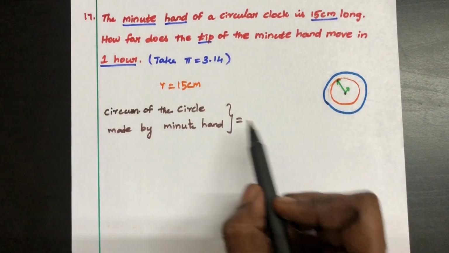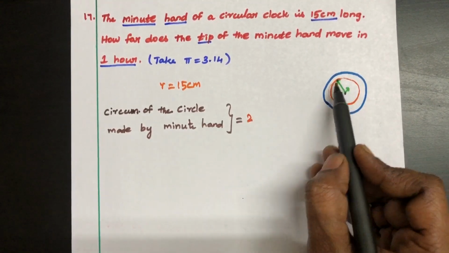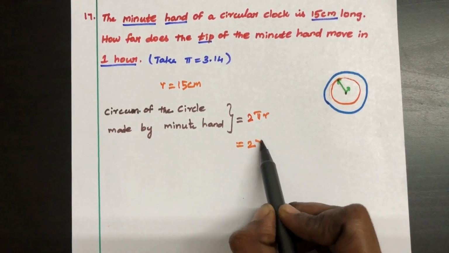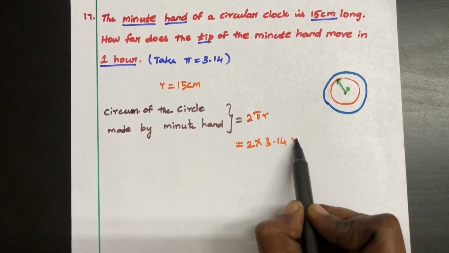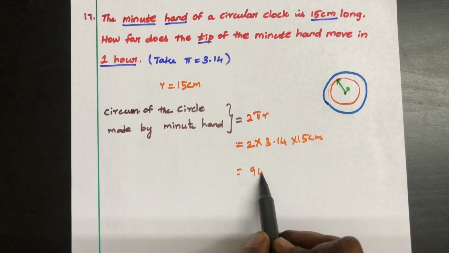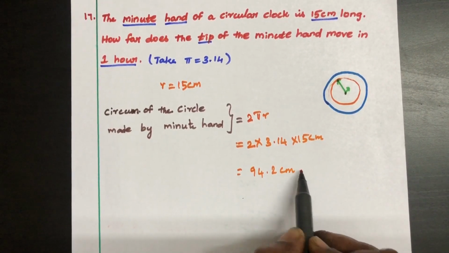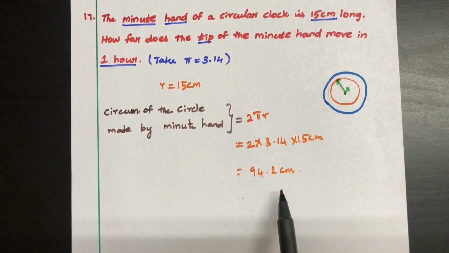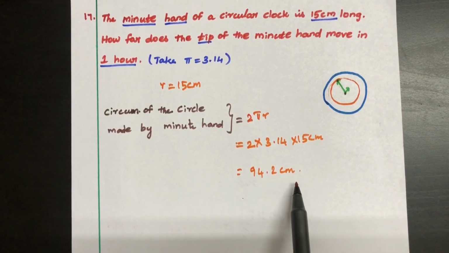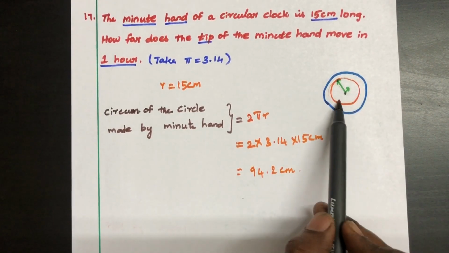So let's find the circumference. 2 pi r is equal to 2 into 3.14 into 15 centimeter. This equals 94.2 centimeter. That's all. For 94.2 centimeter, the tip of the minute hand moves in 1 hour.